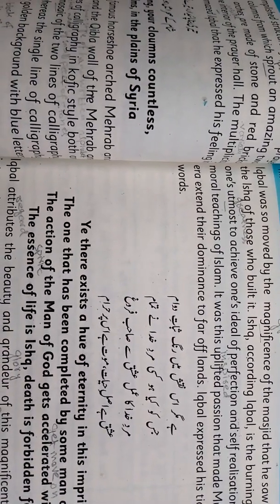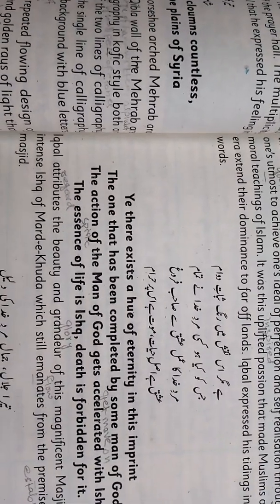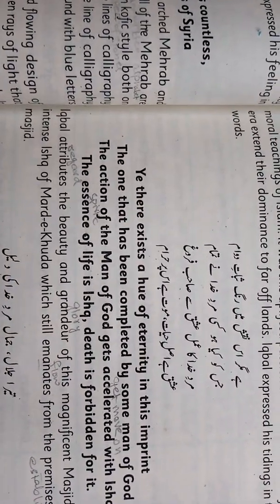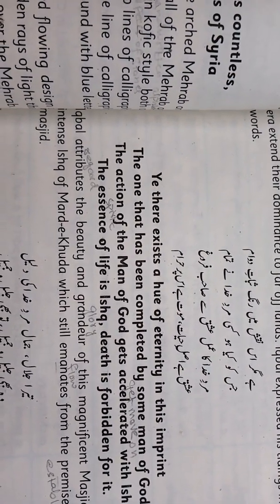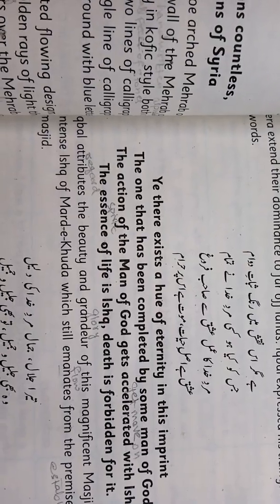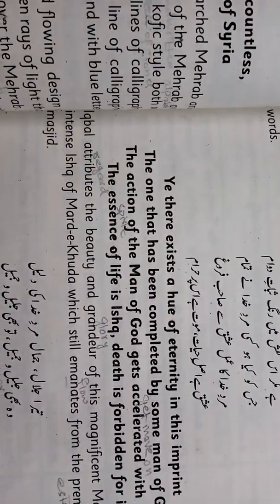And according to Iqbal, ishq is the burning desire for greatness, to achieve one's ideal of perfection and self-realization through the moral teachings of Islam. Then Iqbal expressed his feelings in these words, and these lines have been taken from the poem that he wrote to praise the Cordoba Mosque, Masjid Cordoba.